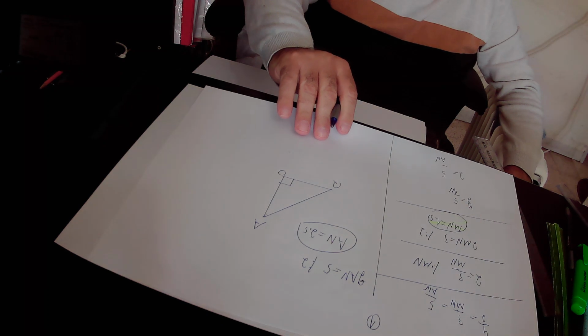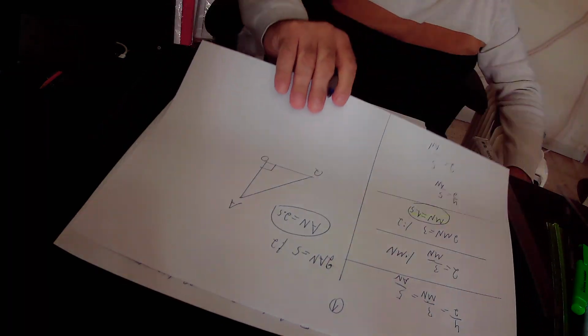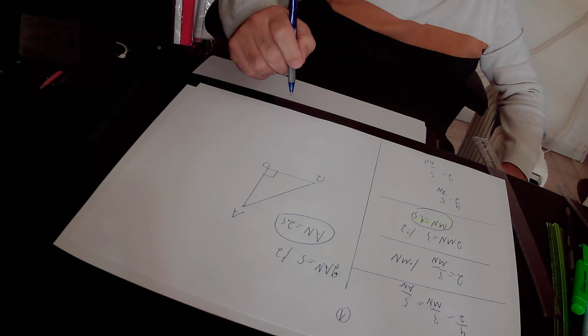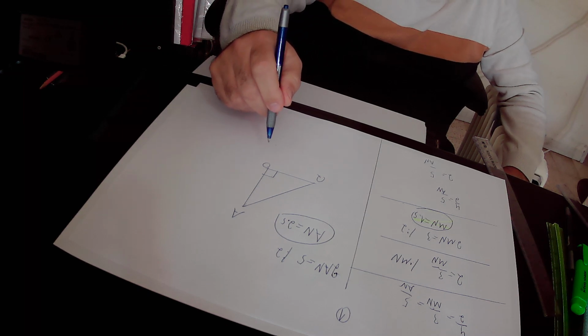This is the right triangle AQO that I copied from the original drawing. The next step, we will block it by a circle.